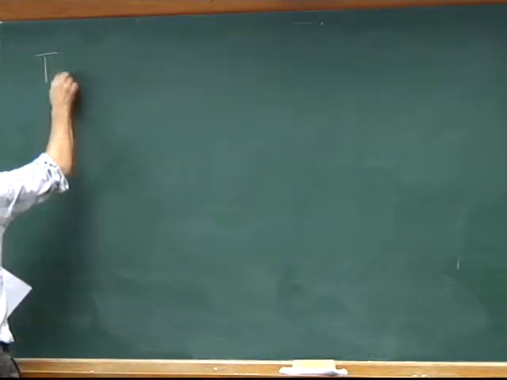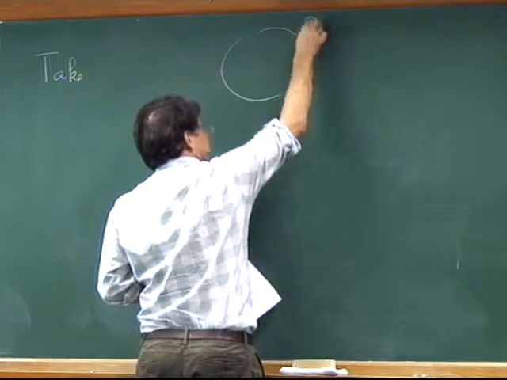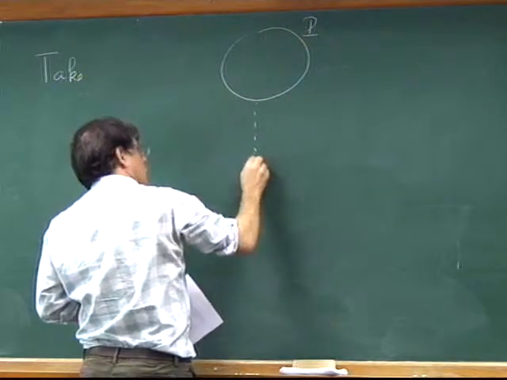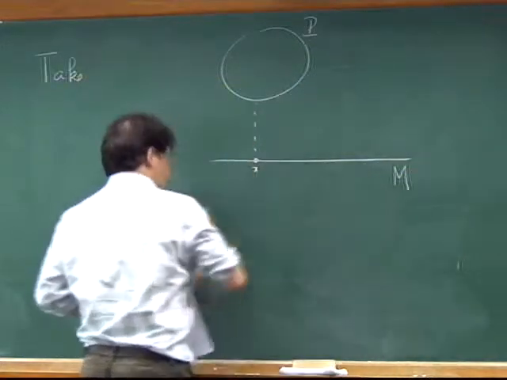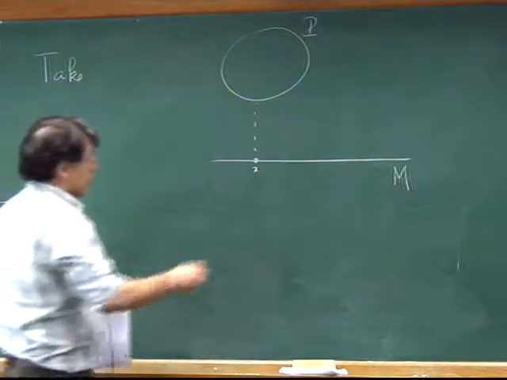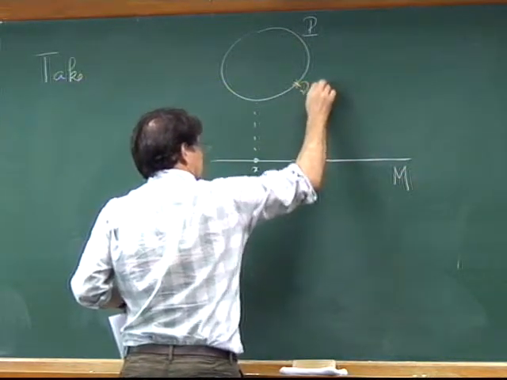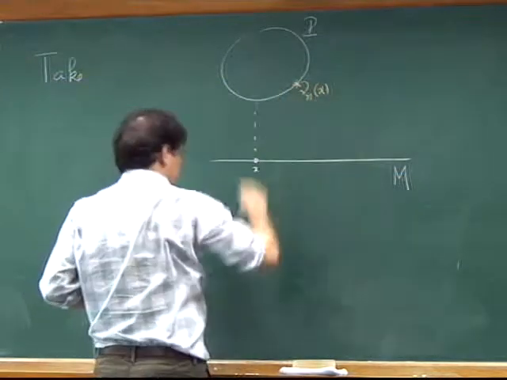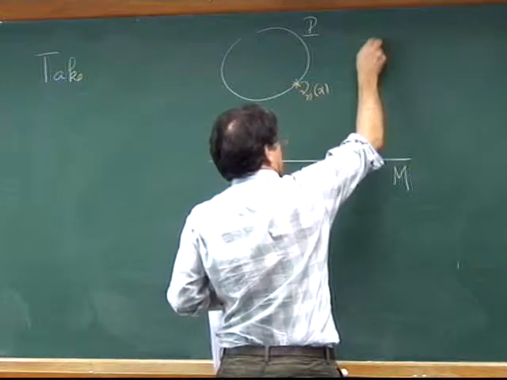Okay, so now I'm going to draw a picture here so that you keep in mind you have the space P for each x in M. What we are saying is that it is possible to choose some element in P depending on x in such a way that these two conditions are satisfied.